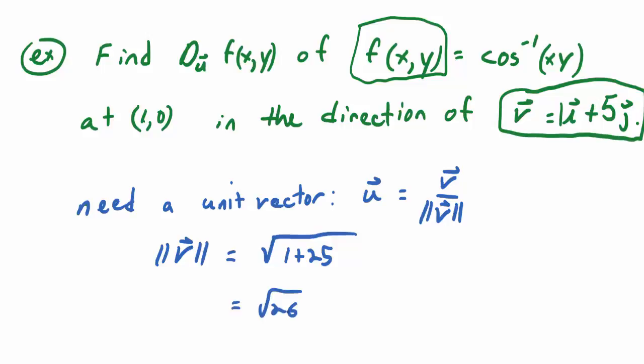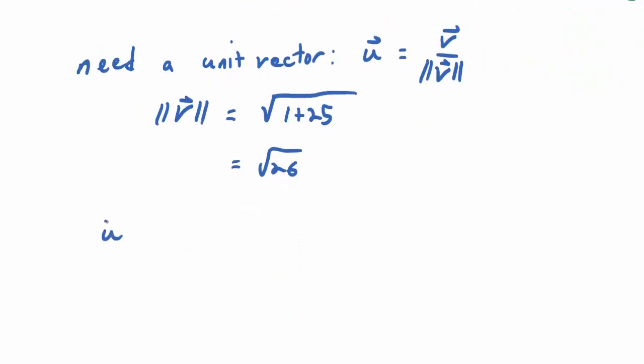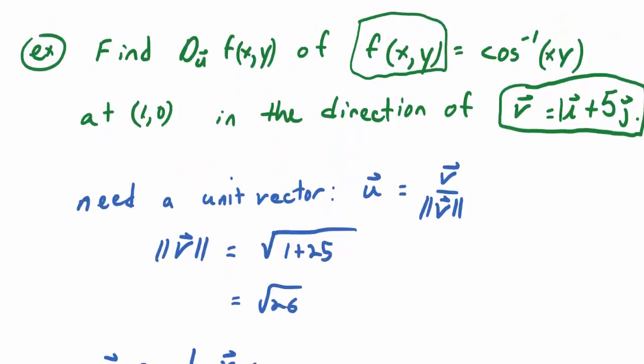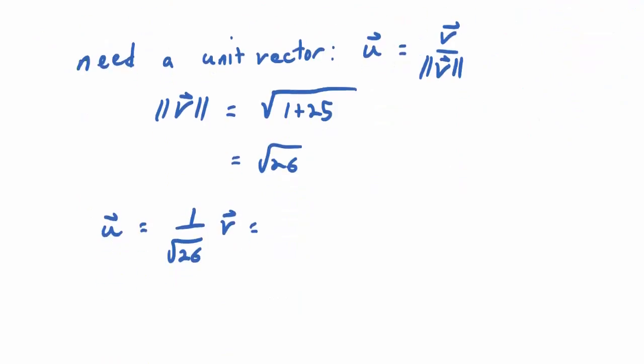Everybody agree with that? Okay, so I could write my unit vector u as 1 over root 26 times v, which is going to be 1 over root 26 i plus 5 over root 26 j.